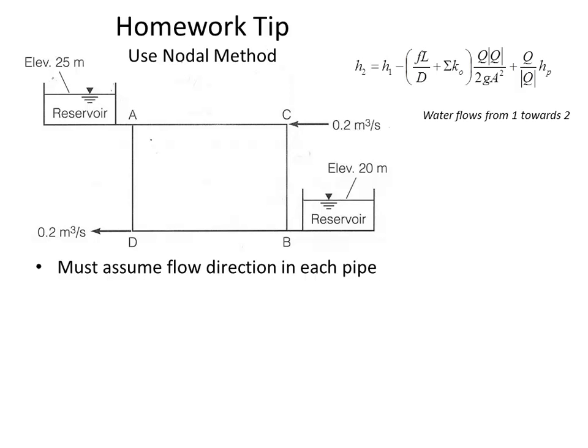You can also write an equation for the head at C in terms of the head at B. And so if you had assumed that the flow direction was like this, and we know that the head at B is 20.